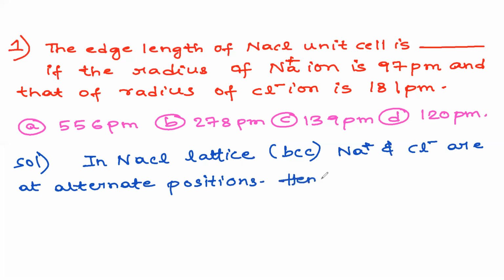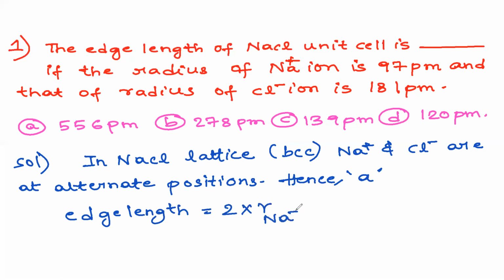Hence edge length is equal to 2 into radius of sodium ion plus 2 into radius of chlorine ion.